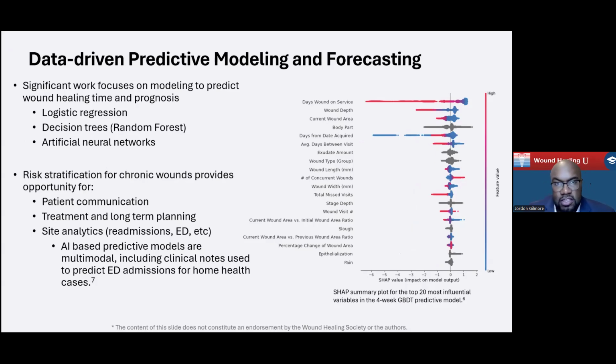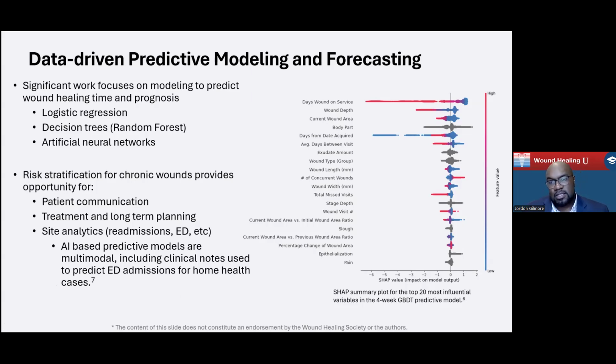And so they have all of these variables that you see on the left: days wound on service, wound depth, etc. As you go down the list, the feature value, which you see on the right, going from high to low, represents the importance of that variable to the algorithmic decision, so to that output decision. We also have a SHAP value, which is on the x-axis there, going from -6 to +2.